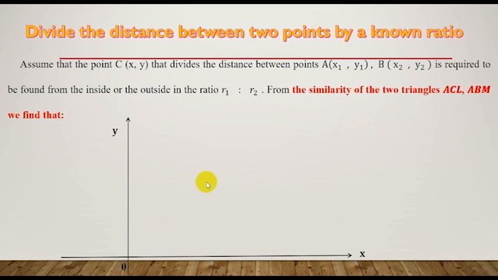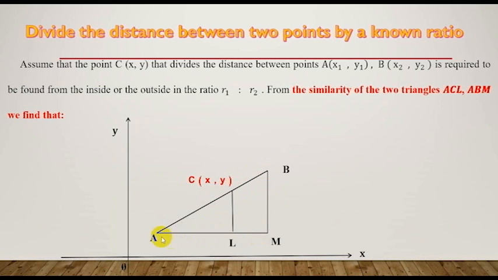If I have x and y axes and two points, A at x1 y1 and B at x2 y2, that's our straight line, and we need the point which divides that line. For the triangle ABM, we divide it into another small triangle ACL.